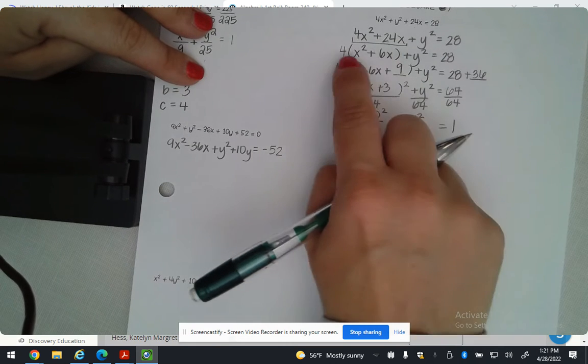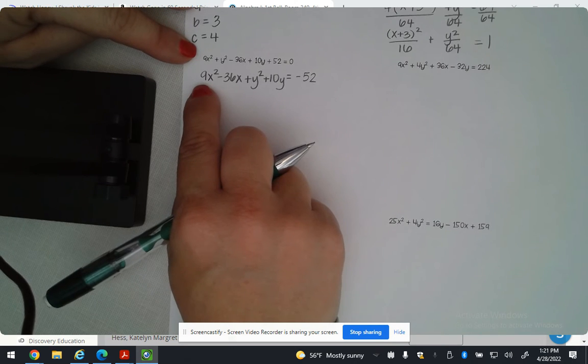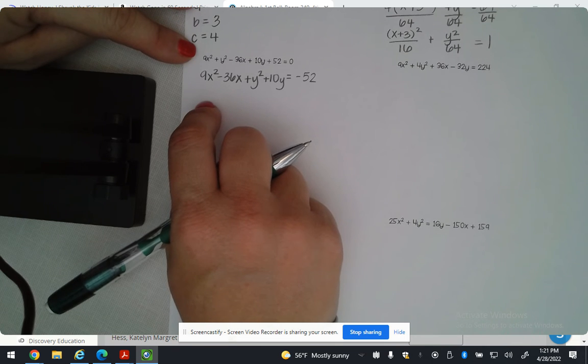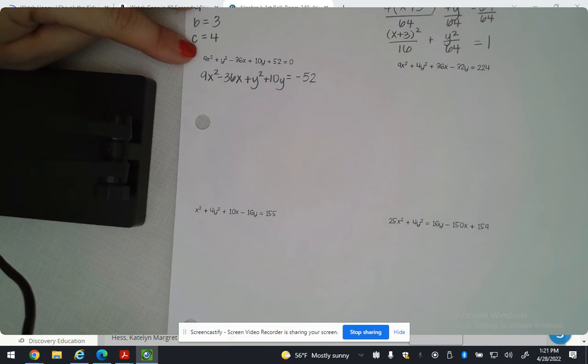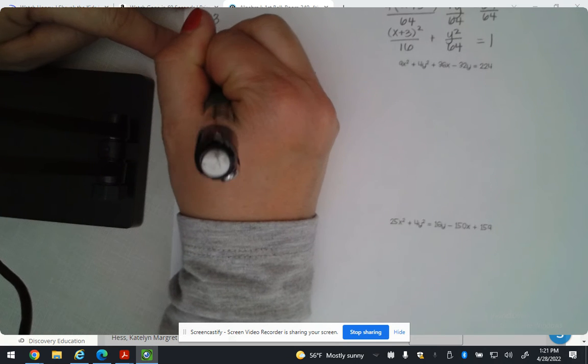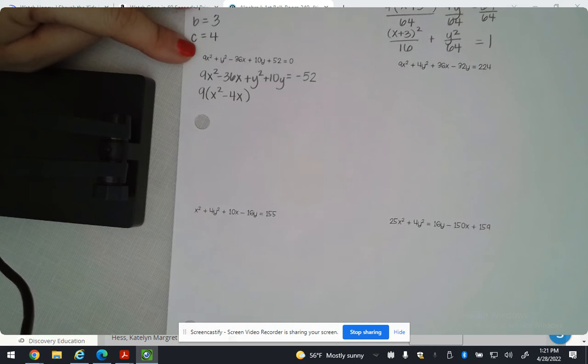What do I do next? I factor. Now, do I need to factor the x squared term? Is there a coefficient attached to the x squared? Yes, if there's a coefficient attached to the x squared, you have to factor it out. So I'm going to take out a 9. You're left with x squared minus 4x. Wait, why don't we take out an x?